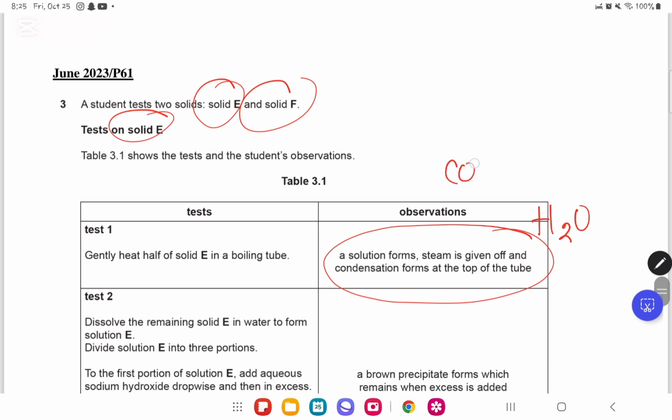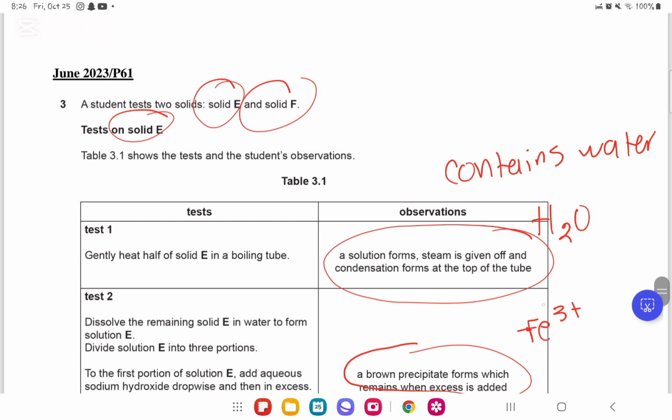So that means it definitely contains water. Then if we go down, you will see that a brown precipitate forms, which remains when excess is added. That definitely means we have Fe3+, because if you remember, Fe3+ is a reddish brown precipitate. So if you see brown or reddish brown, then it is Fe3+.